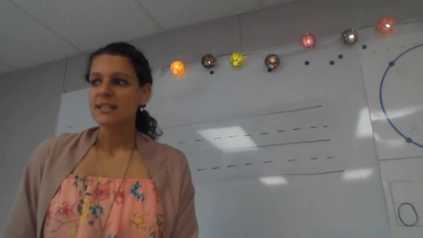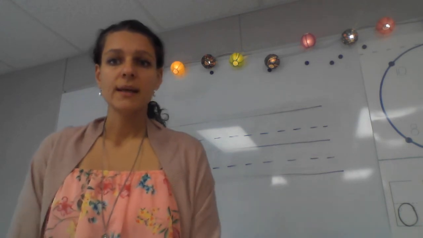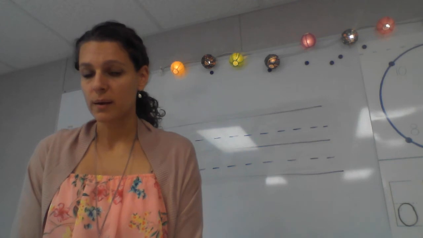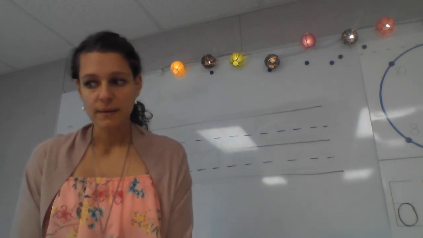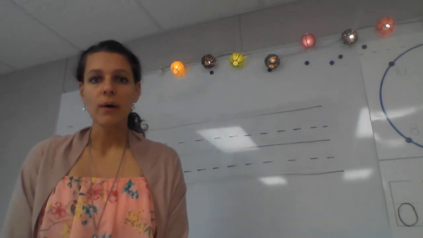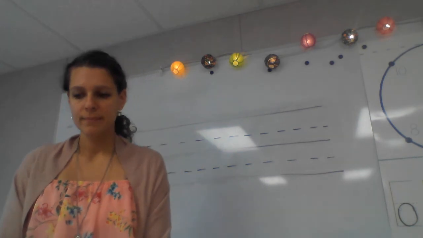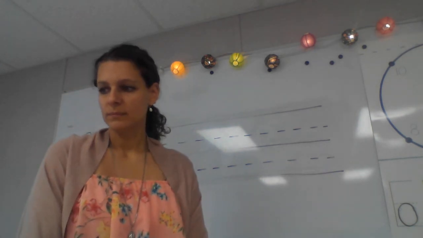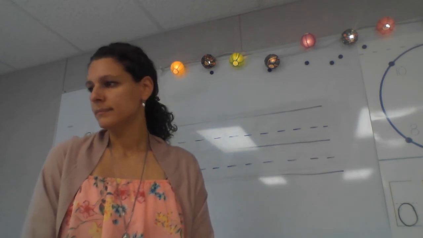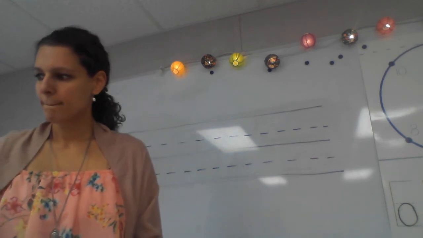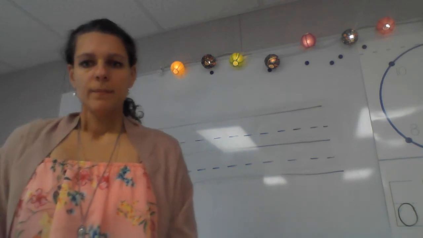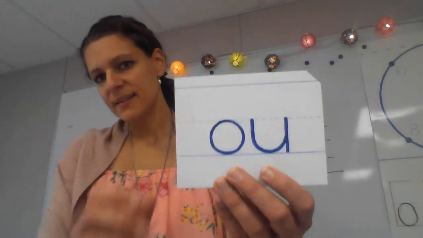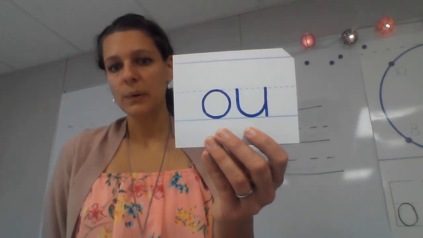All right, our last phonogram is ow, o. What are you going to write, class? Good. Ow, o. Say the sounds while you write it. All right, this is our ow, o.